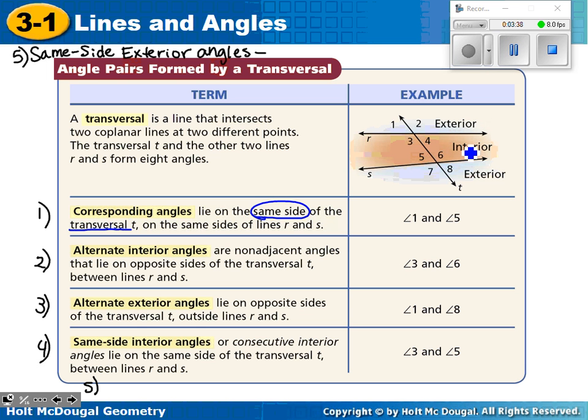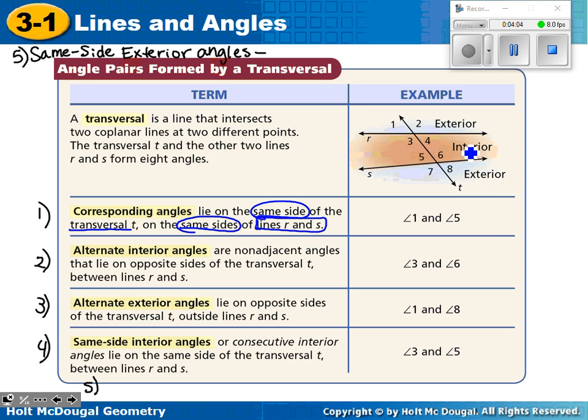Or on the other side would be 2, 4, 6, 8. So when they're talking about same side, they mean either on the left or on the right if your transversal is drawn like this. So they're on the same side of the transversal, but they're also on the same side of the other 2 lines. So 1, 3, 5, and 7 are to the left. They're on the same side of the transversal.